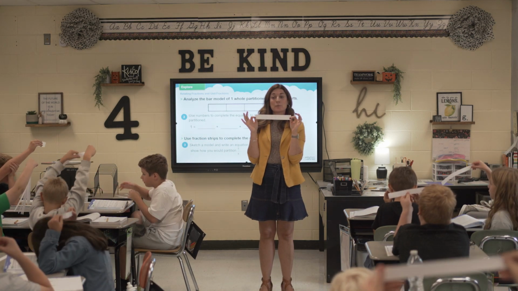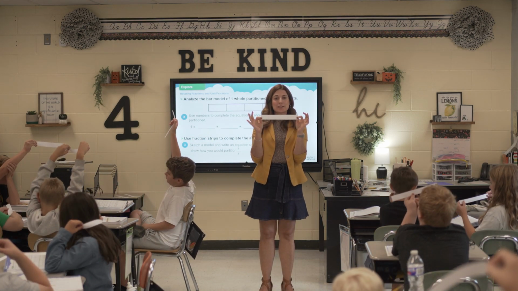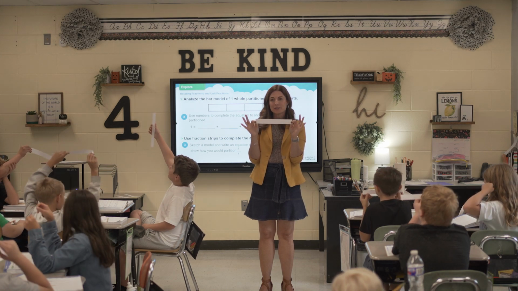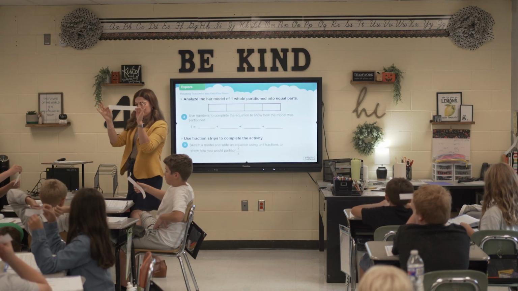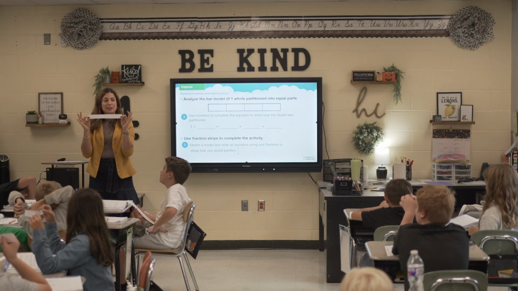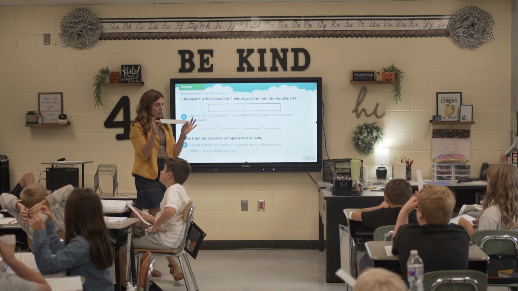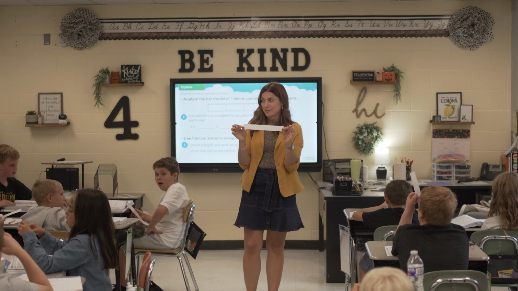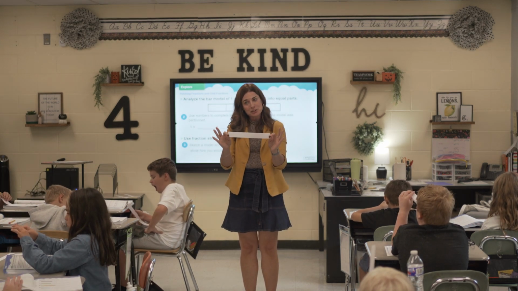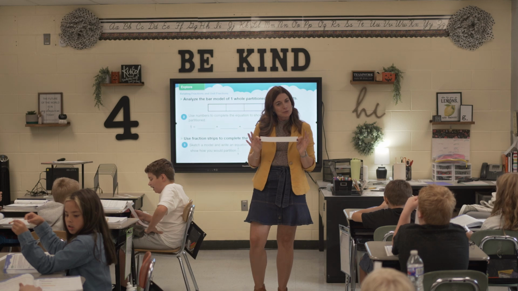All right, looks like we're about ready. Our first fractional representation of the whole that we're going to make is to fold this strip into 4 equal parts. Don't start yet.